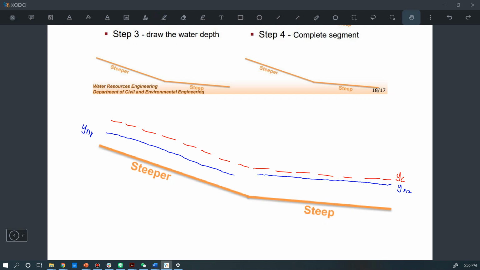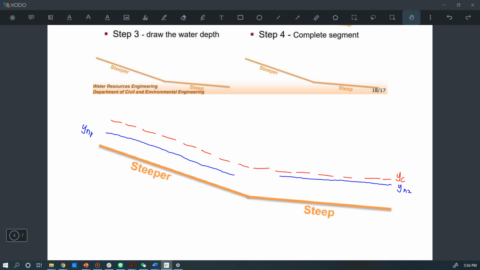And then we want to know what happens for this transition part. Let me just erase more about it. Because this is a supercritical flow, the supercritical flow will only affect the water depth change after the transition point. It will have no backwater issue as the subcritical flow does.